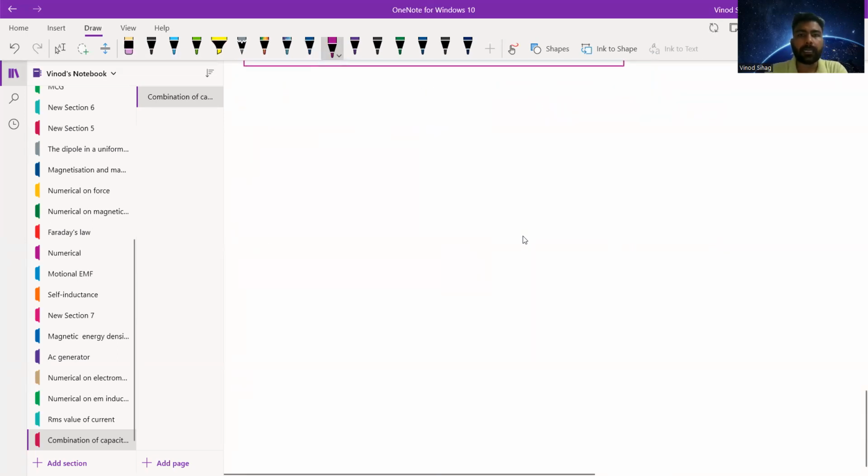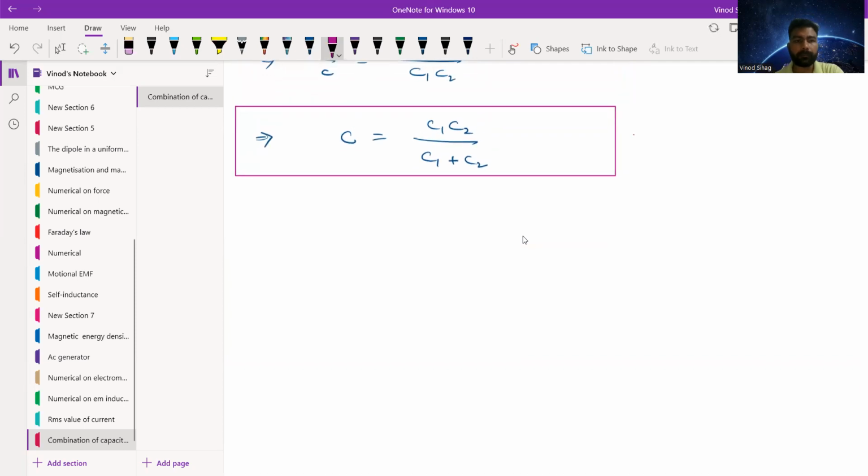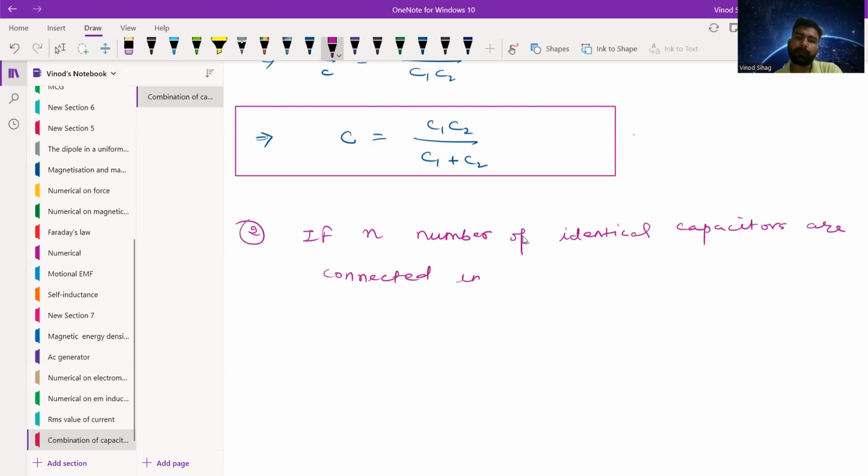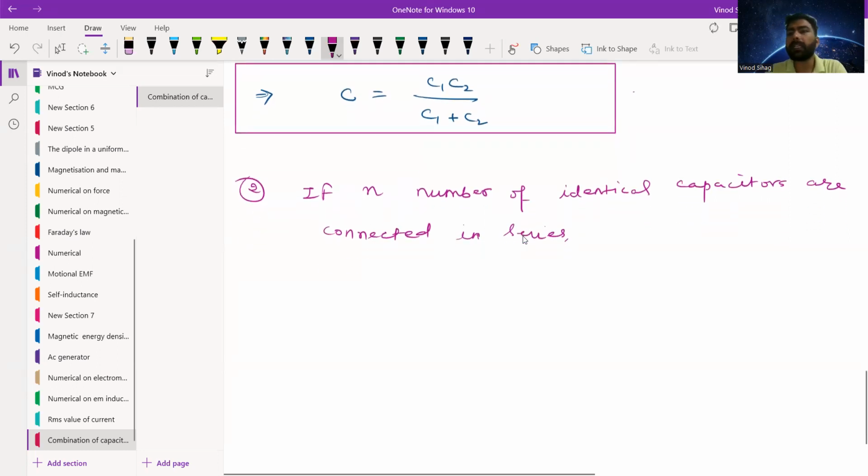Fine. Now let's take another case: if n number of identical capacitors are connected in series, then what will be the equivalent capacitance?